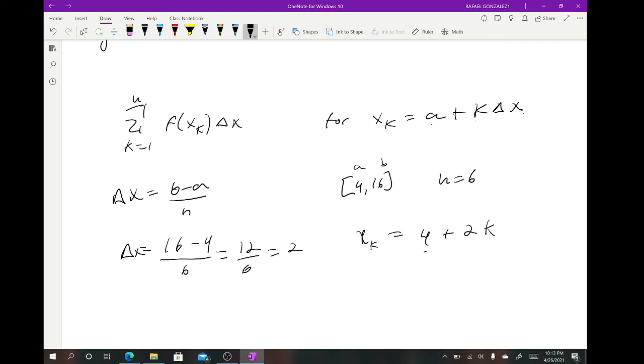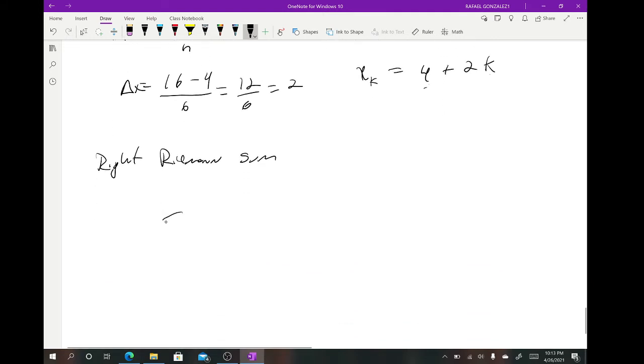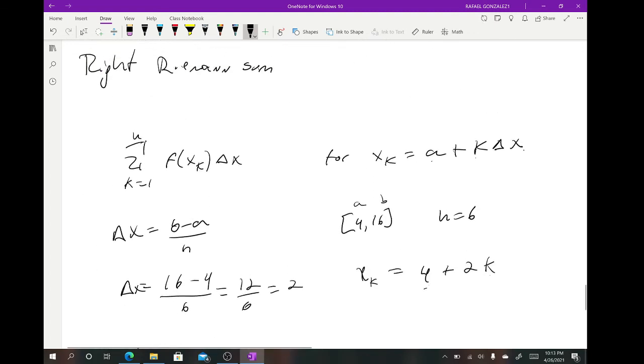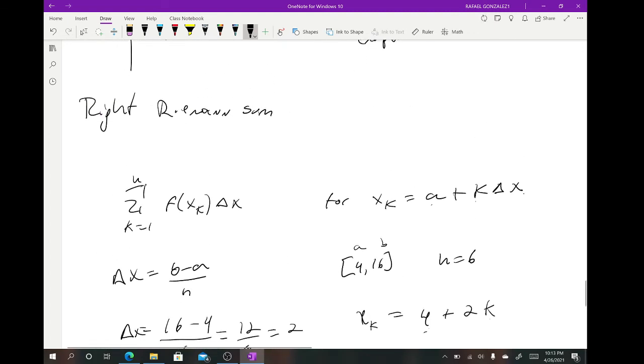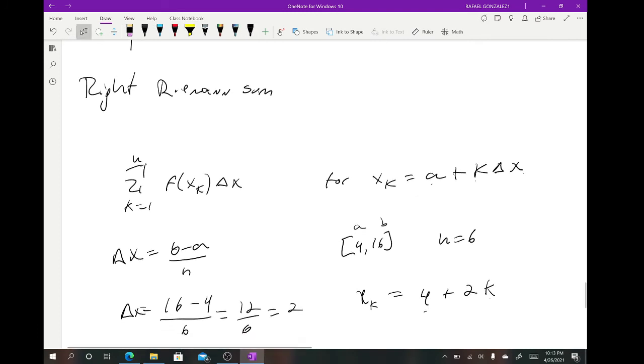And guess what? We're almost done. Because now we know that the right Riemann sum is given by the sum from k equals 1 to 6, we just have to be careful with the index.